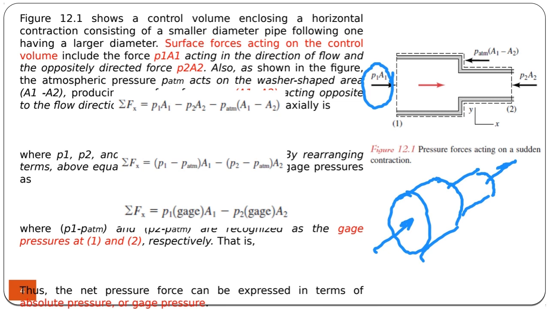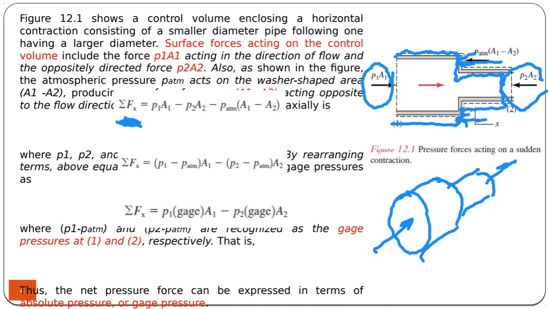At the exit of the pipe, we have another pressure force, but in the other direction. Also, because we have chosen the control volume like this, there is the atmospheric pressure being applied on the control volume. If you write the net force, we're not setting it equal to MA or anything. We're just writing the total force acting on the control volume.